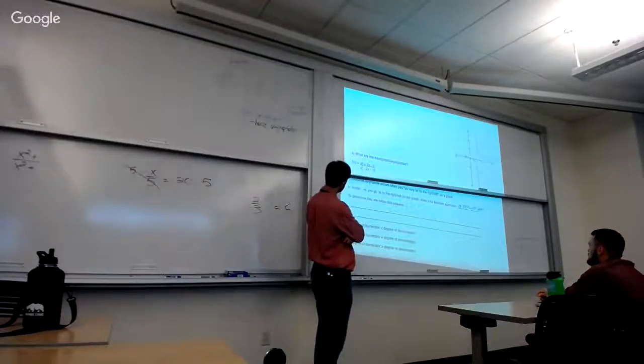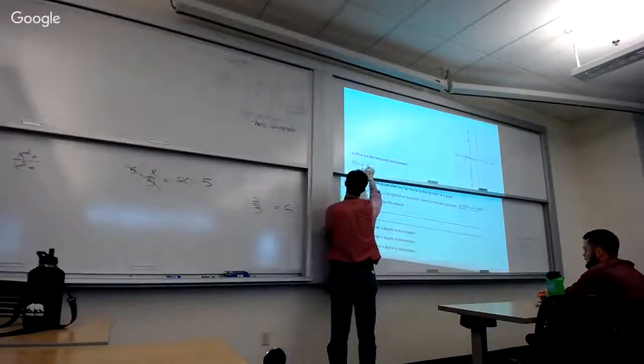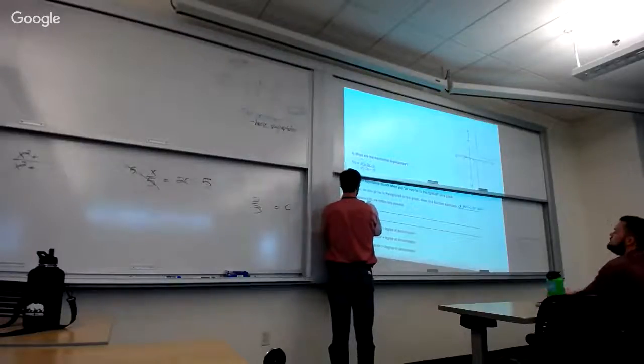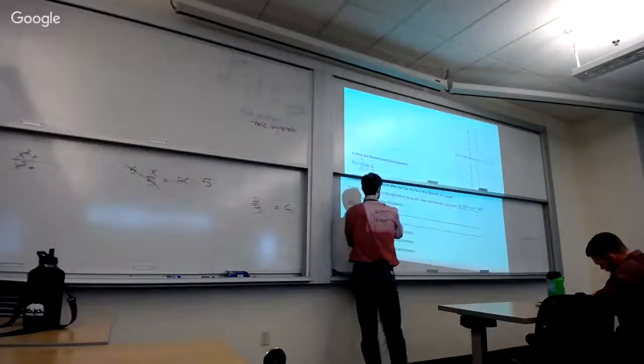So how could we do it? What I'd like to suggest here is, well, I'll just say it. You look at the leading terms. Make the ratio of the leading terms.